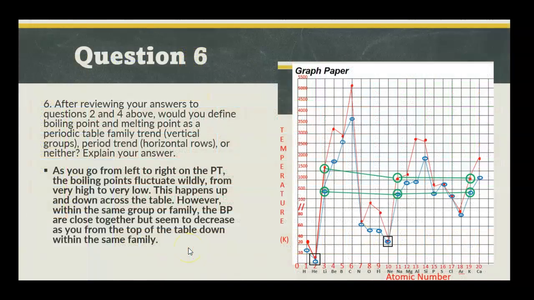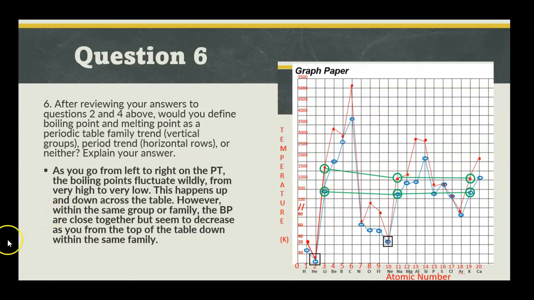All right, so going on to the last question, after reviewing your answers for questions 2 and 4 above, would you define boiling point and melting point as a periodic table family trend, a vertical group, or would it be a period trend going across the horizontal rows, or neither?